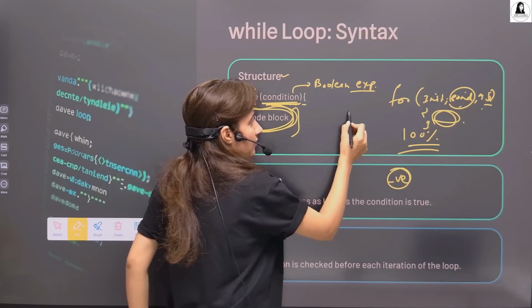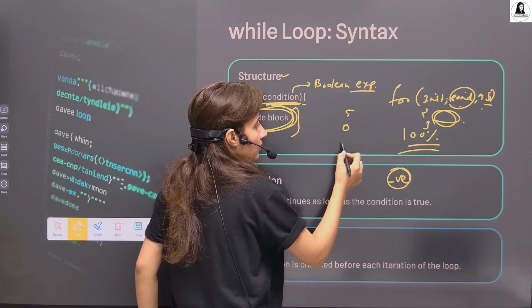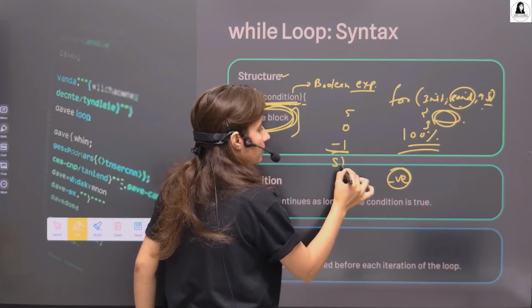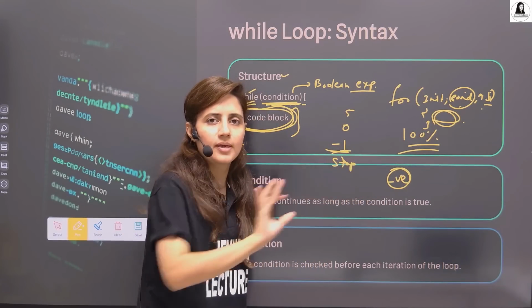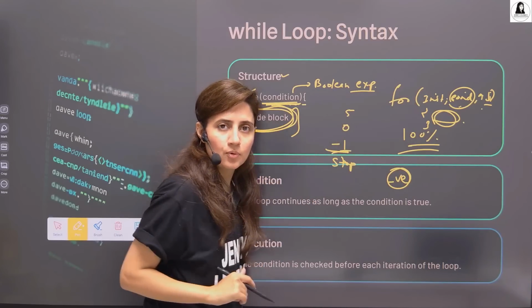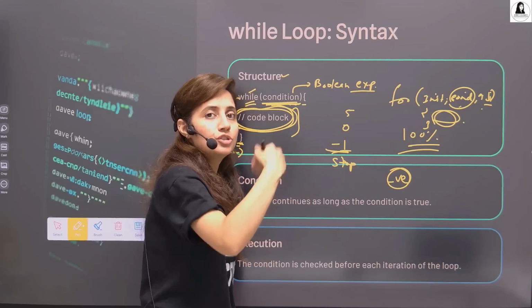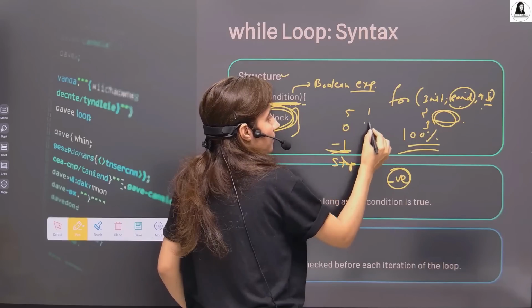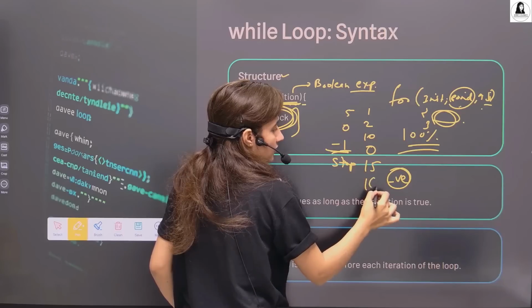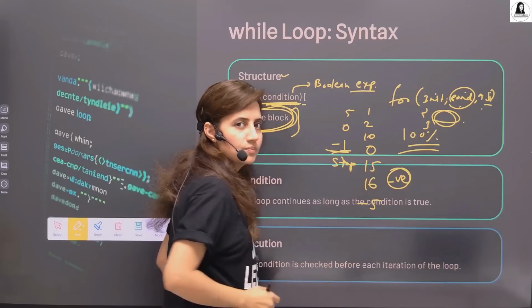First I enter 5, then 0, then -1. So here the program will stop. After entering a negative number, exit from the loop. But another user is executing the same program, and he or she enters first 1, then 2, then 10, then 0, then 15, then 16, then -5.